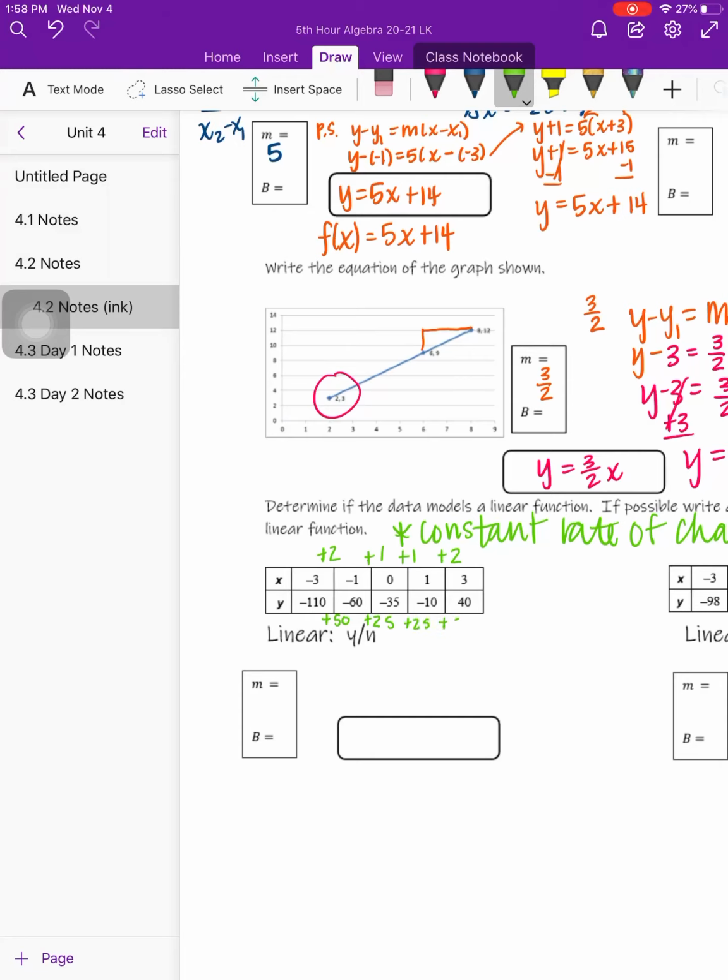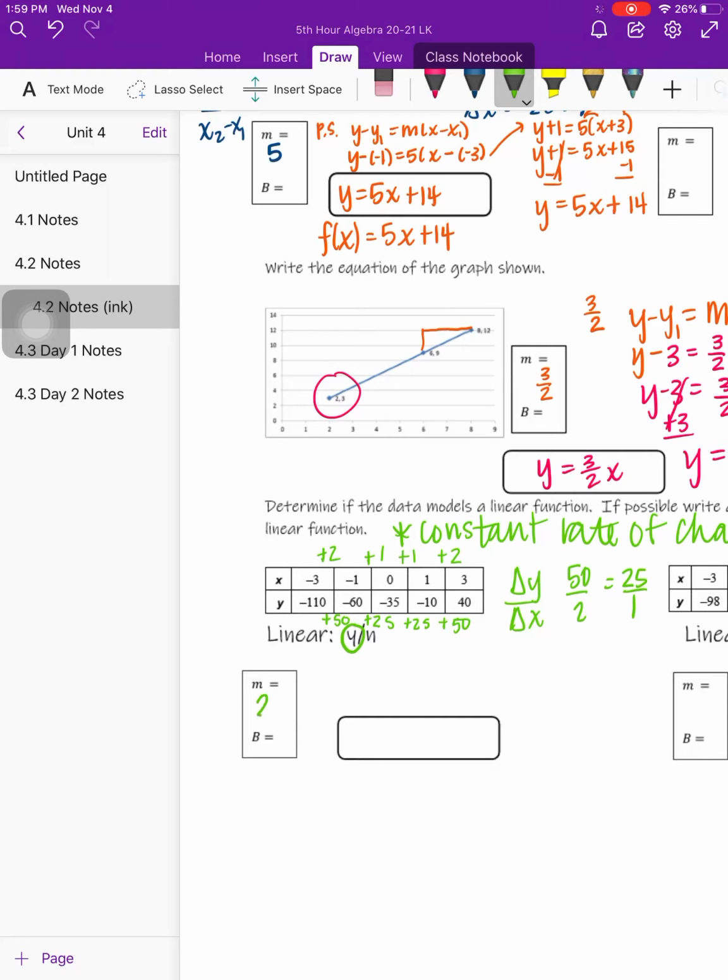And this one goes up by 50. So those ratios, change in y over the change in x, we go up by 50 over 2, which simplifies to 25 over 1, and that's consistent across the table. So that means this is a linear function.